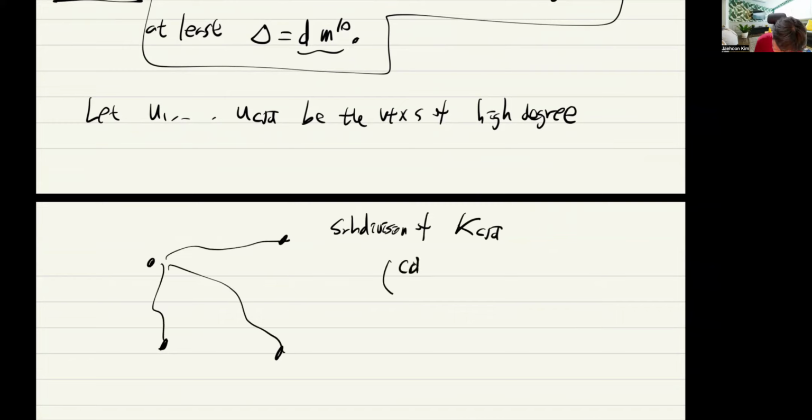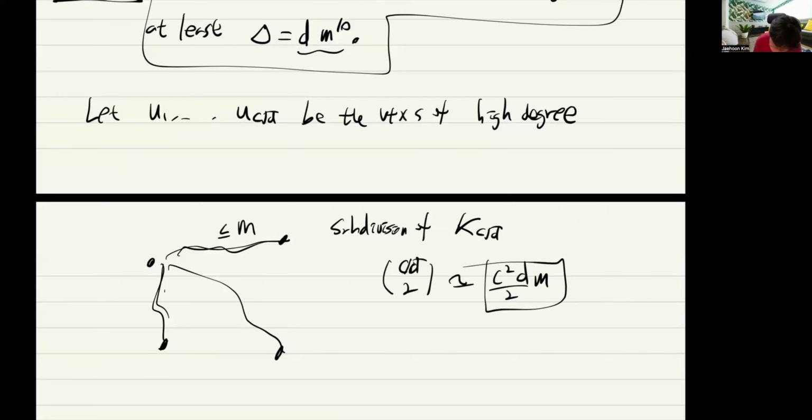C square root of D choose 2, so roughly some C squared over 2 D many. And each path will have a length like M. So C squared is some constant. Essentially D times M vertices are participating in the paths. Those are the vertices you want to avoid.